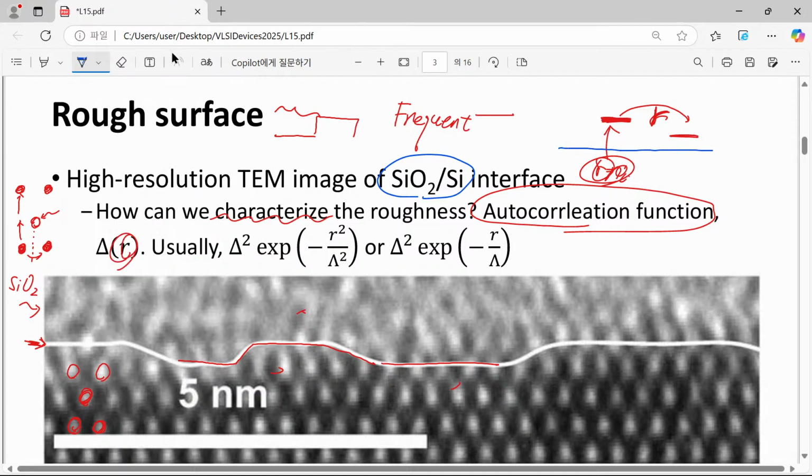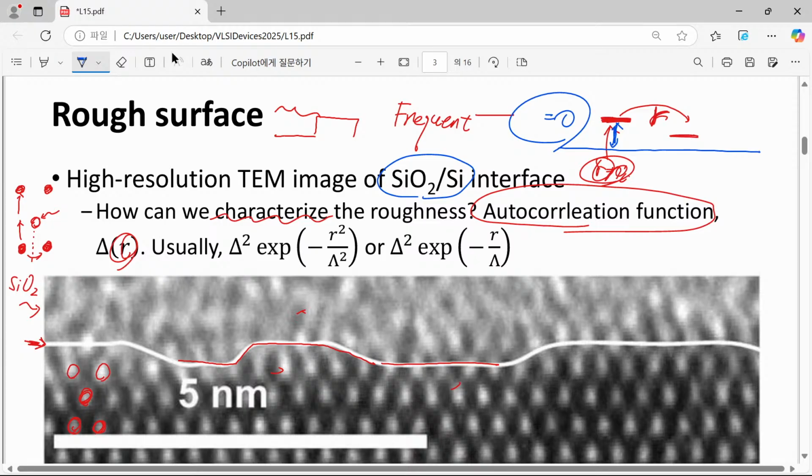Let's say this is the flat level, and at a certain position we have roughness corresponding to this amount. Of course, when you take the average of this roughness, the average value will be exactly 0, because the roughness is taken as the deviation of the surface from its average level, so its first-order average will be just 0.